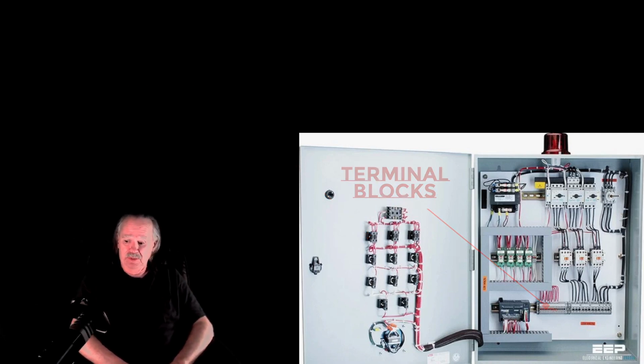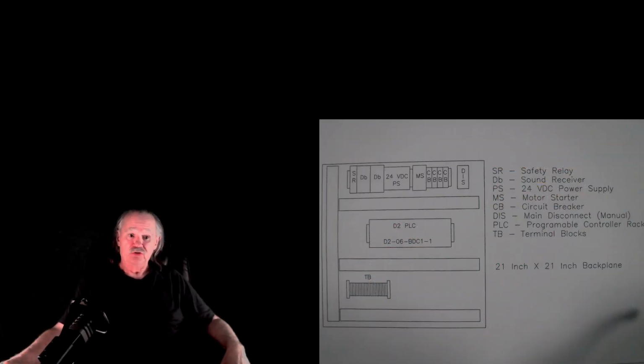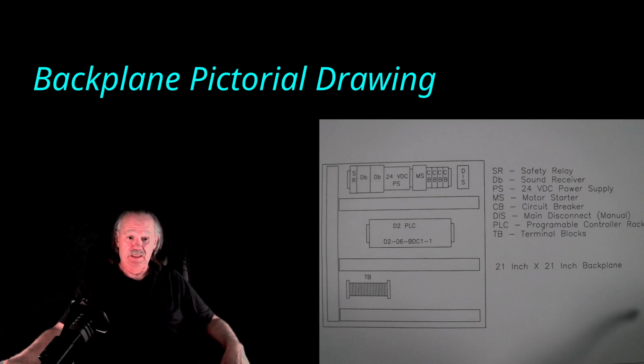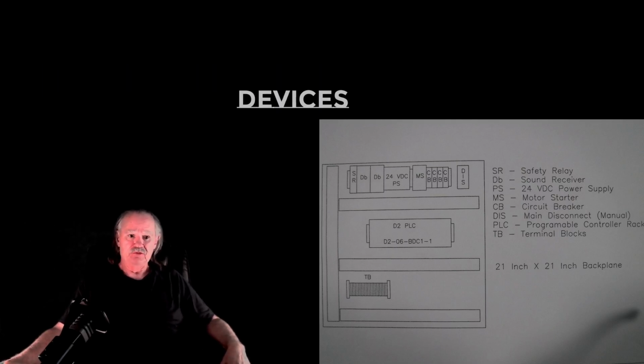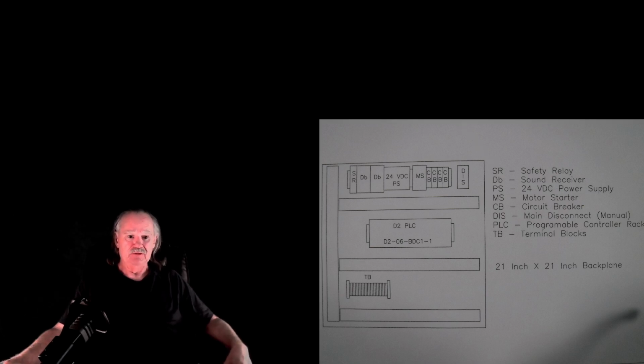Let's take a look at a pictorial of a panel. This pictorial drawing shows the back plane in a panel, and each of the devices inside that panel has a designation on it, and beside it there is a chart, and that chart tells you which thing is what inside the panel by its designated nomenclature.